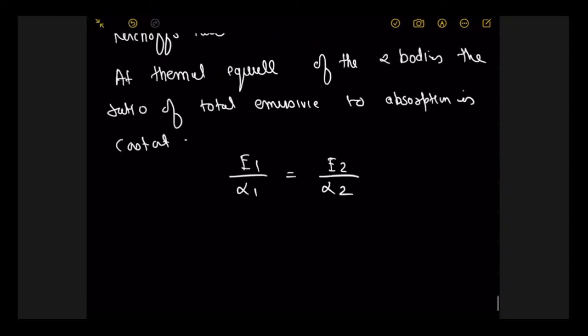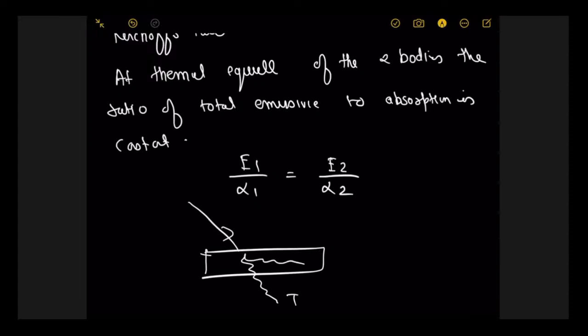So how much total energy will any system have? One ray is coming, one is getting transmitted, one is getting absorbed, and one is getting reflected back. So the total energy is equal to 1.